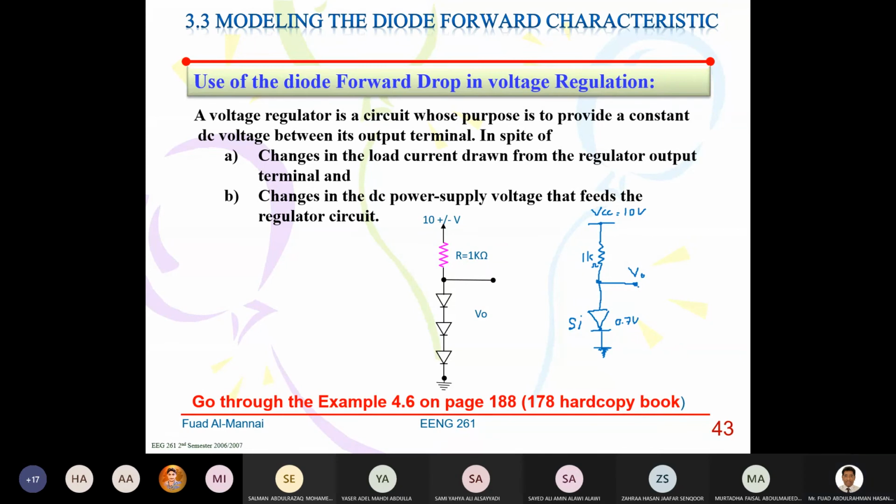If I put my voltmeter over here, the red lead over here and the black one over here, my voltmeter will read V out equal to what? Is this on or off? Forward bias or reverse bias?